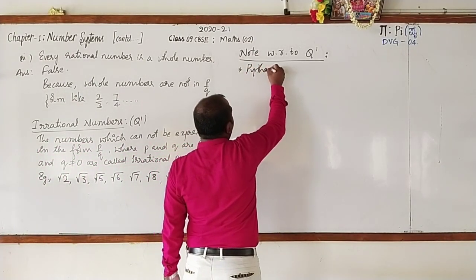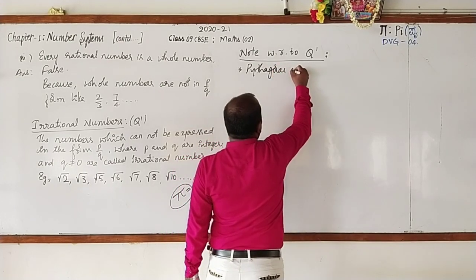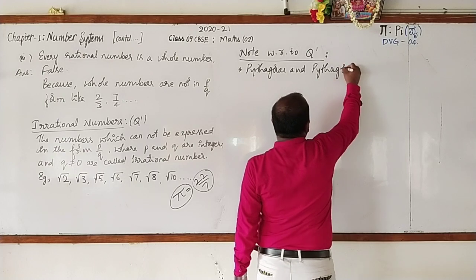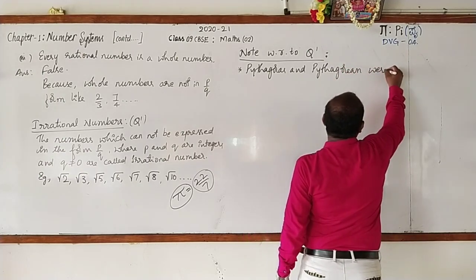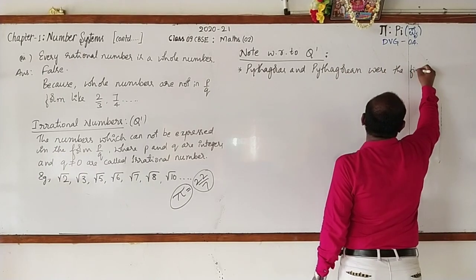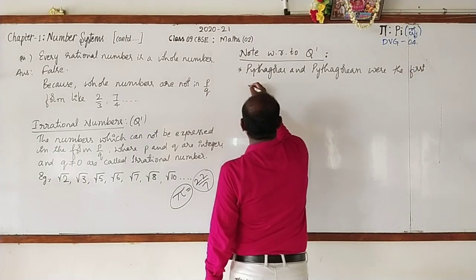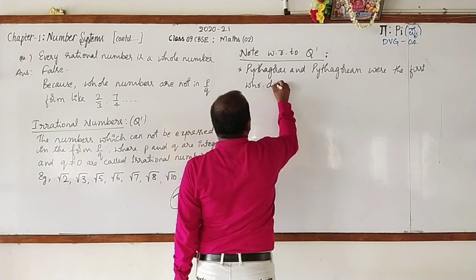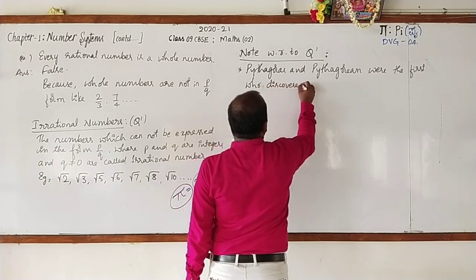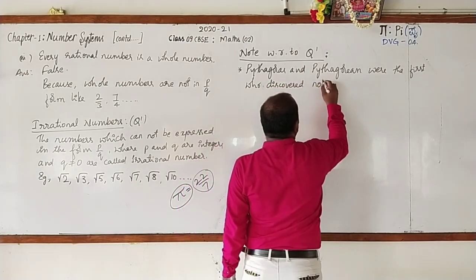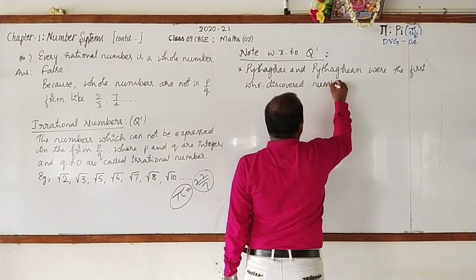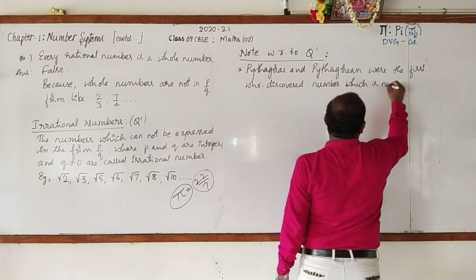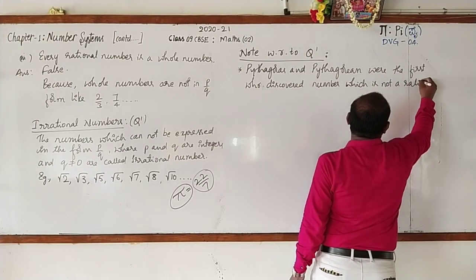Pythagoras and Pythagoreans were the first who discovered number which is not rational.